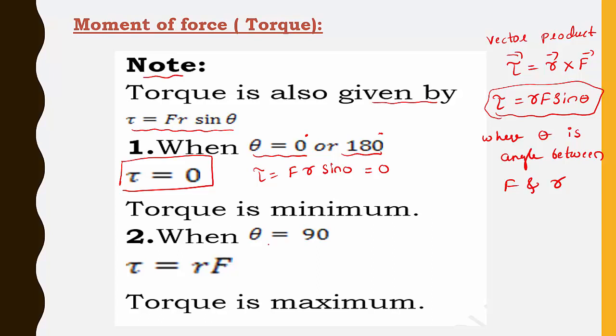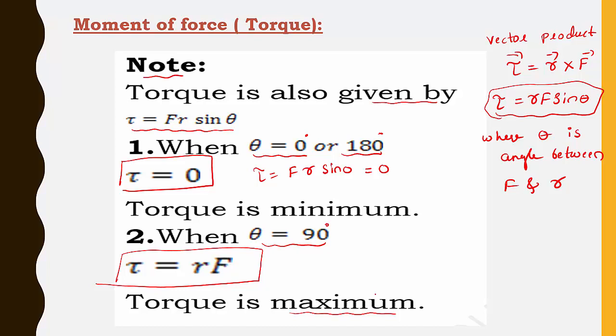In the second case, when theta equal to 90 degree, substitute sin 90 is 1. So we got the answer tau equal to rF. That indicates the torque is maximum. So what it indicates? When the applied force is perpendicular, the angle is 90 degree. For example, you can imagine the door. How are you going to apply the force on the door? Perpendicular to the door you have to apply. Perpendicular means angle is 90 degree.